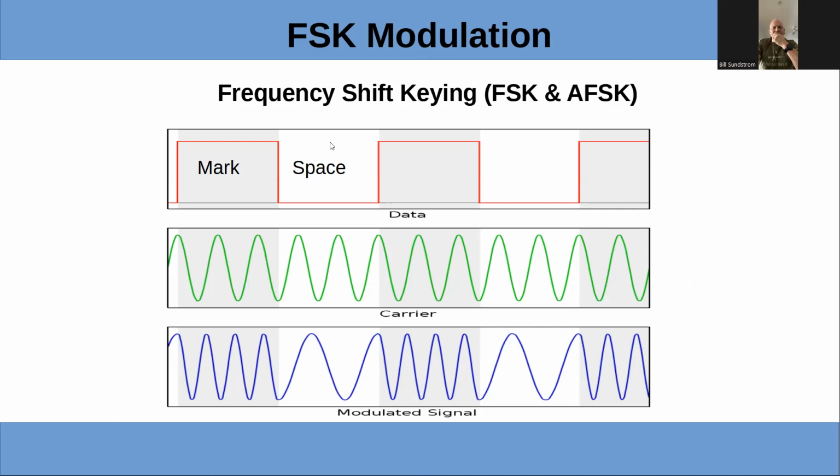Radio teletype, which is RTTY mode, uses this frequency shift keying. So a mark or a digital 1 causes one frequency, and a space a second frequency. So you just either detect one frequency or the other. It's fairly easy to do a detection circuit.